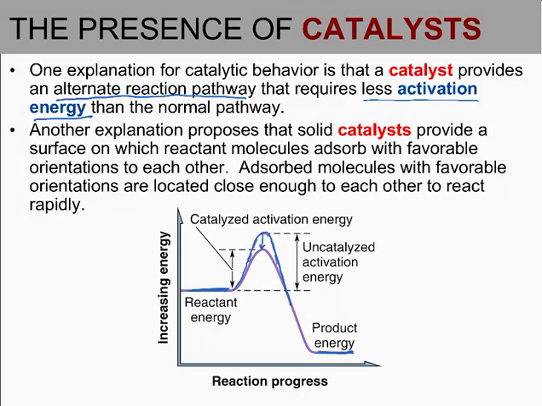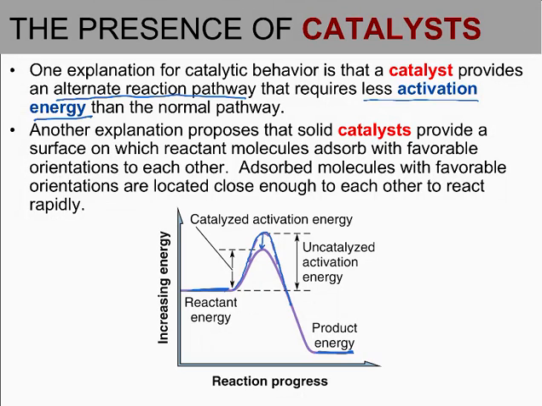Now, another explanation proposes that solid catalysts provide a surface on which reactant molecules will adsorb, and they'll kind of place themselves so that they're favorably oriented towards each other. So for instance, let's say we were using a solid catalyst with our carbon monoxide and oxygen example from earlier.